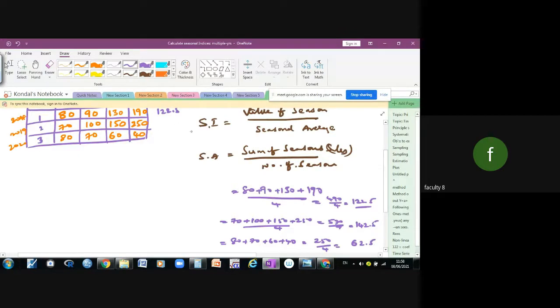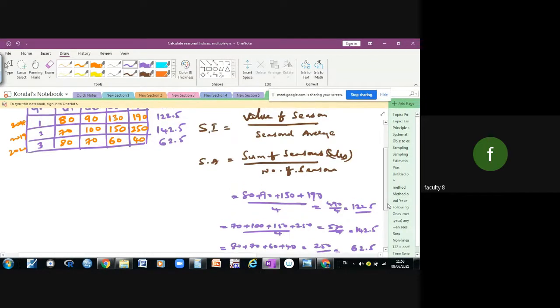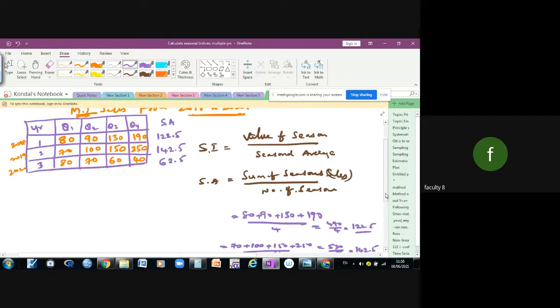So here you can take the seasonal averages: 122.5, 142.5, 62.5. Here, see how we can calculate the seasonal indices. Here you can write seasonal indices. First, I am writing here the same table, you can take like this also, no problem.